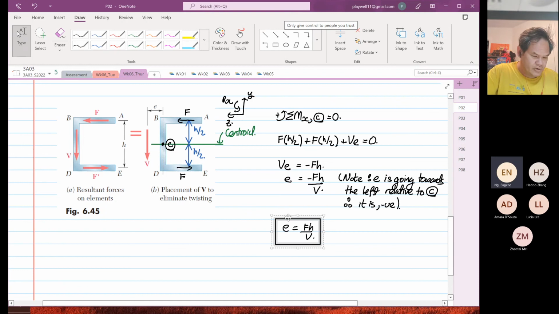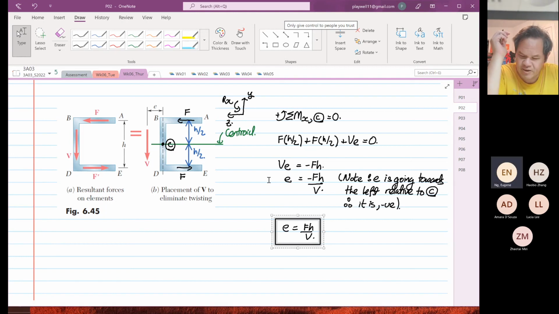So the next thing we are going to do: how do we determine E, which is the most critical part.